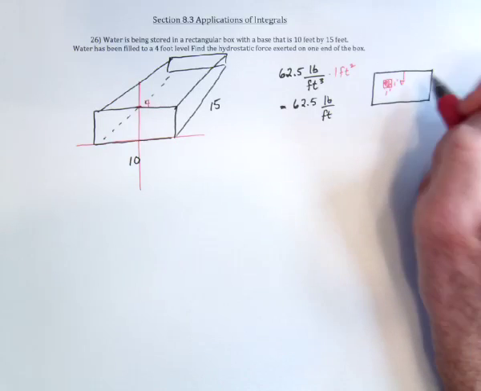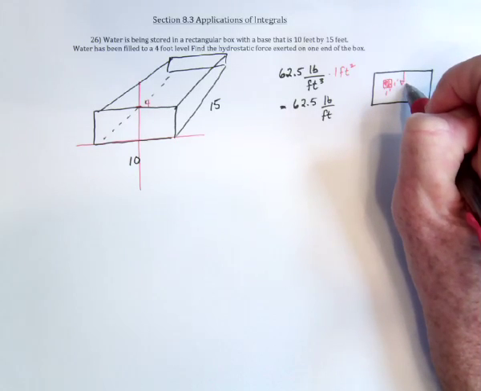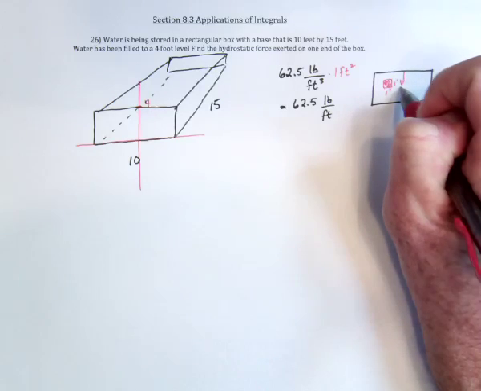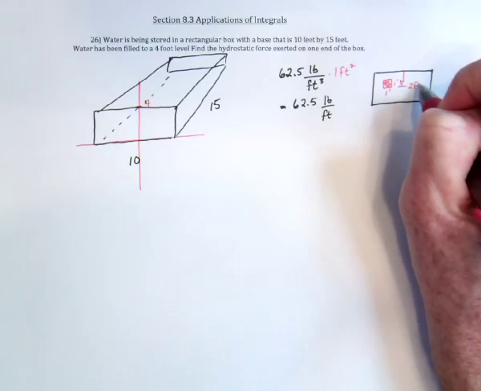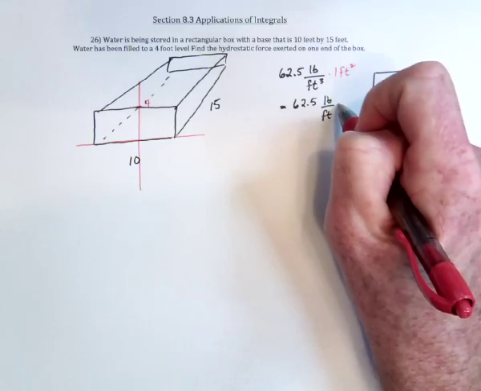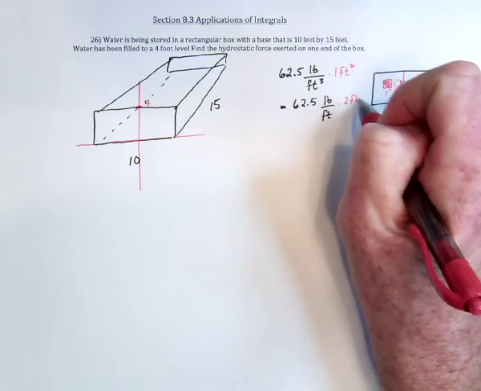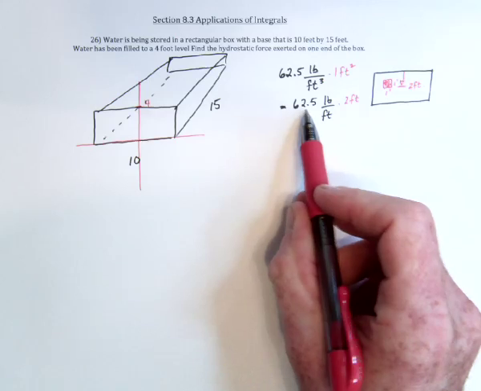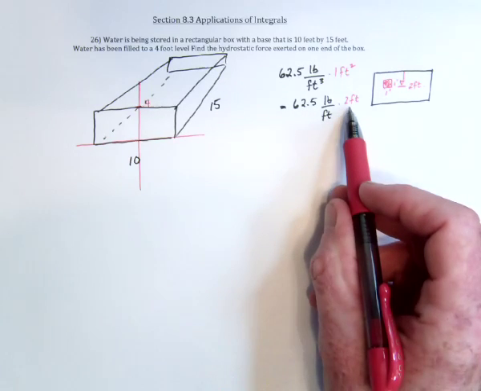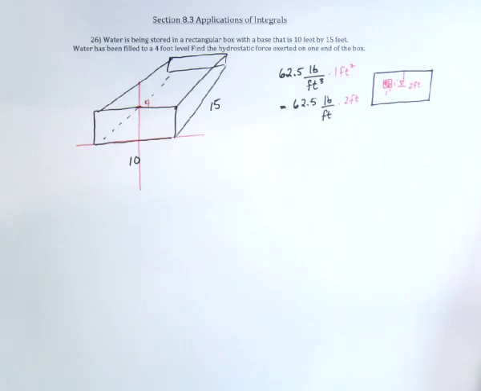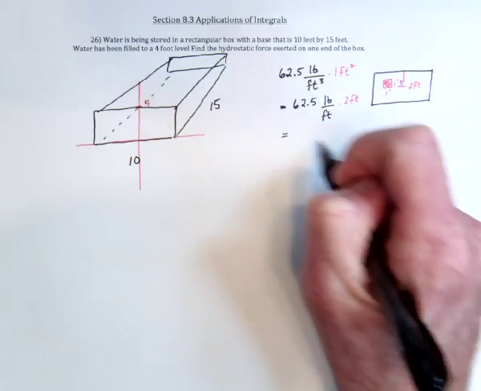Maybe that's 1 foot underwater, maybe that's in the middle and it's 2 feet underwater. So if it was 2 feet underwater, then we would need to multiply by 2 feet, because this is saying there's an additional 62.5 pounds for every foot you take it down. So if I take it down 2 feet, then the feet would cancel and I would have the total pounds.